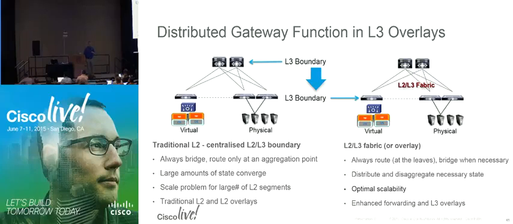So my fabric could be hybrid, meaning L2 and L3 there, depending on where I want to go. We call that the distributed anycast gateway, and I have a couple of slides in there. And the main point is where's the choke point now for my L2, L3? It's distributed. It's not anymore at one centralized point. It's basically everywhere where my hosts are connected to.